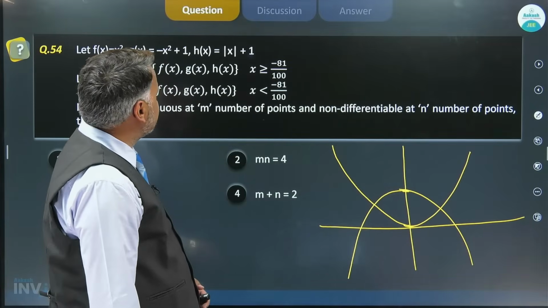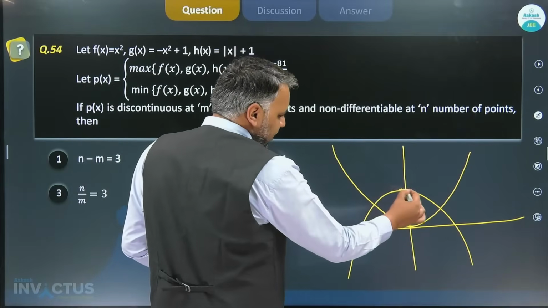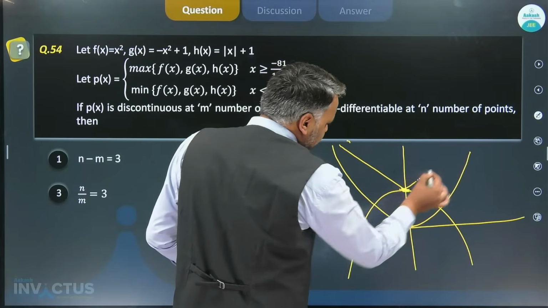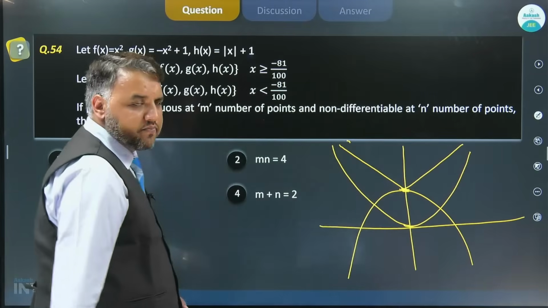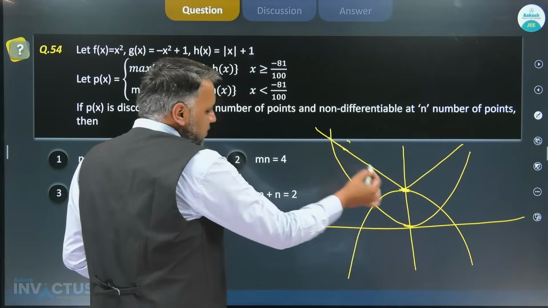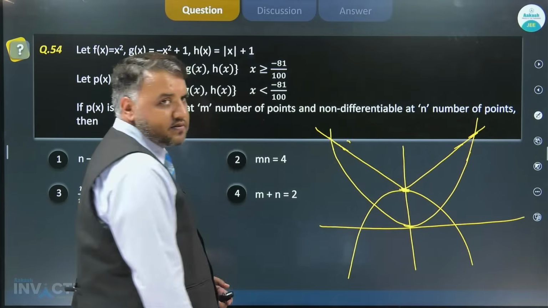Then we are saying h(x) is equal to mod x plus 1. So simple shifting has happened. This point is your (0,1). So this will be mod x plus 1. If we observe the intersections, then this will intersect y is equal to x square like this. No?